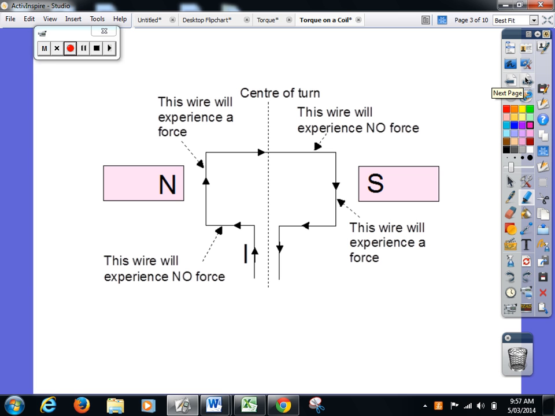Right, so here is the simplest setup that we call the setup of a motor. And we're going to have a look at how this will work. We need to supply a magnetic field. So here we are at the magnetic field. We have a north pole over here. This is a bar magnet. And a south pole over here, another bar magnet. Just remind yourself that bar magnets can't exist as a north pole or a south pole by themselves.